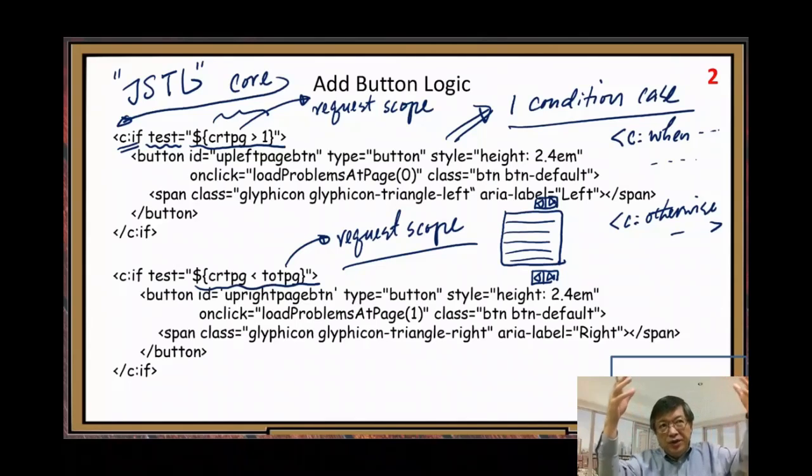Because when the user looks at the top part of the page, they can use the top two buttons. But when the users look at the bottom part of the page, they just use the bottom navigation buttons, right? They do not need to move back to the top. We want to make them do routine work as fast as possible.